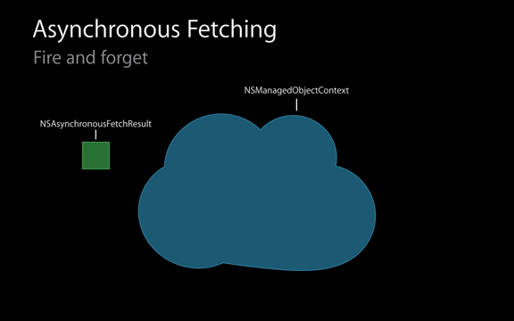You can do fetches, faults, all the kind of work you're going to want to do on your managed objects. And at some point, the store will finish executing that request and send the results back, update the context as necessary, and invoke the callback on the asynchronous fetch request, and tell you, hey, you have data, maybe you should do something with it.